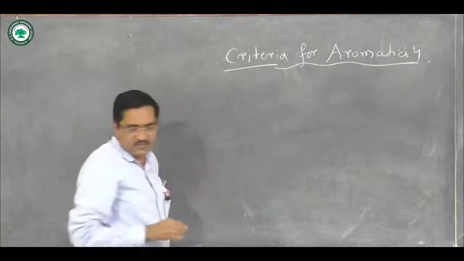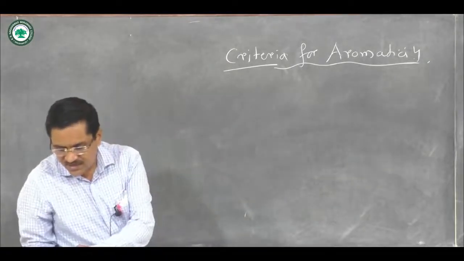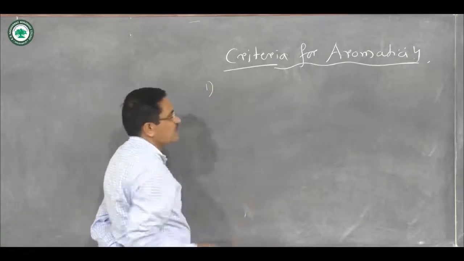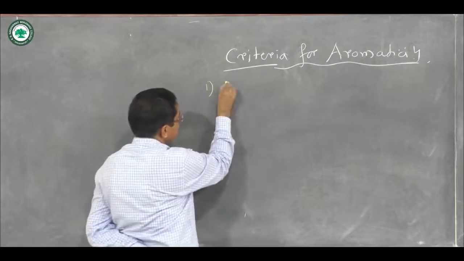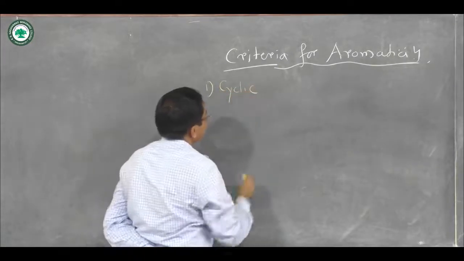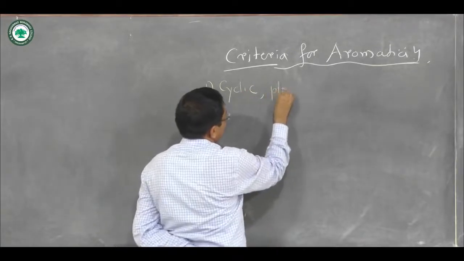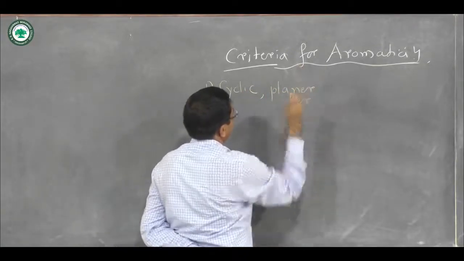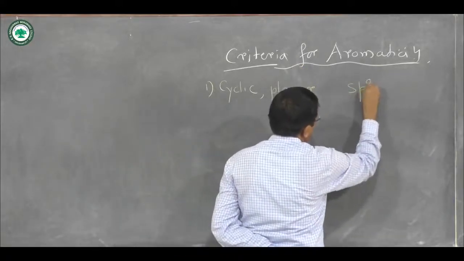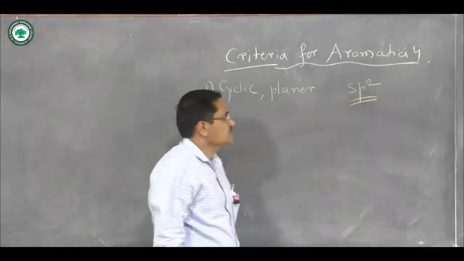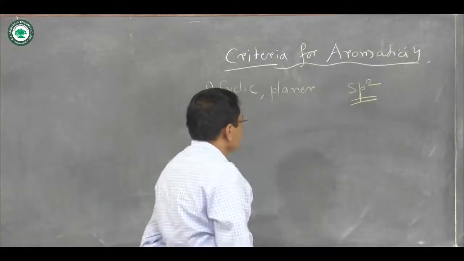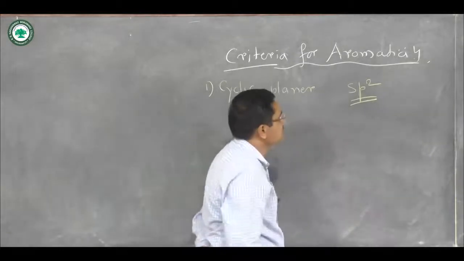First of all, the first criteria of aromaticity is the compound should be cyclic planar, because generally the carbon atoms are sp2 hybridized in the aromatic compound, and you know very well about this.